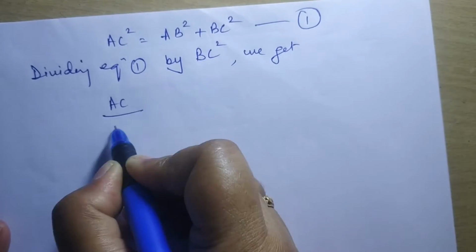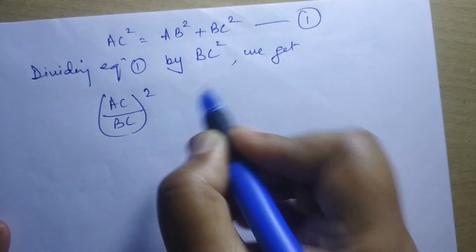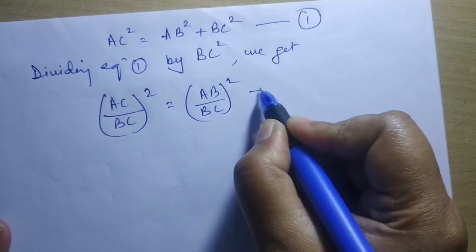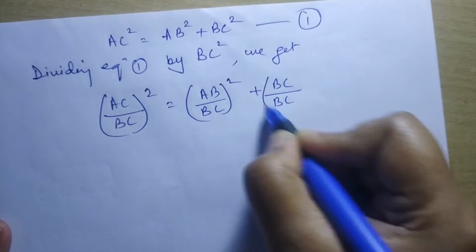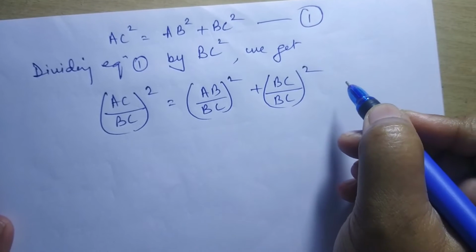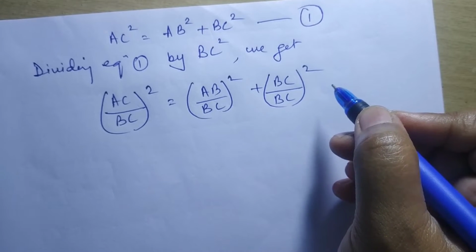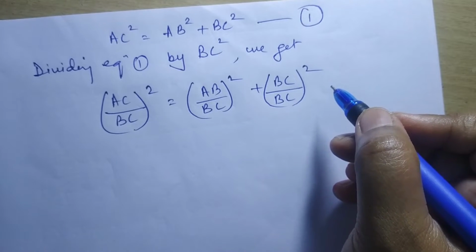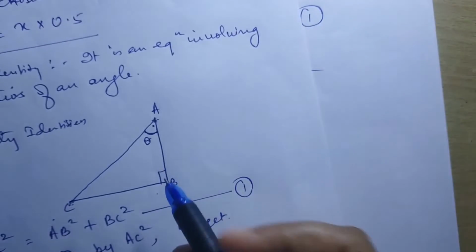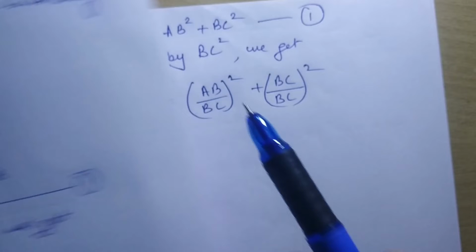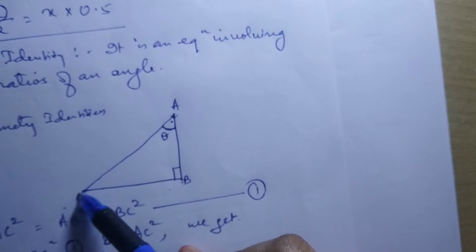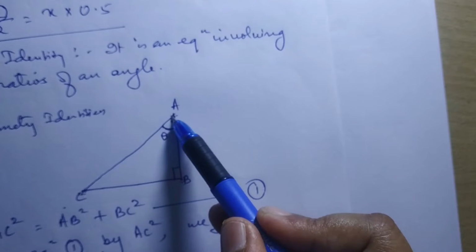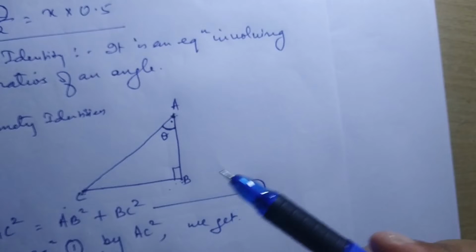So what do we get? AC by BC whole square, I'm directly writing like this, equals AB by BC whole square plus BC by BC whole square. What is AC by BC? Now BC by AC was sine theta. So AC by BC will be cosec theta.